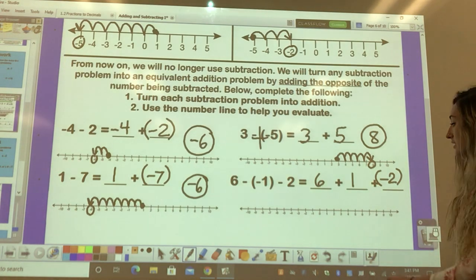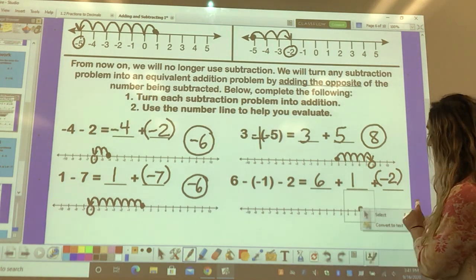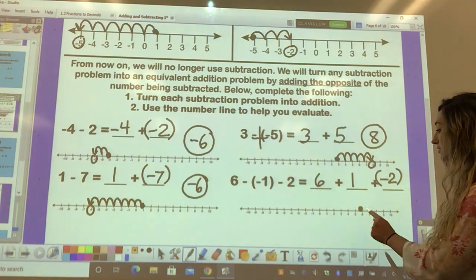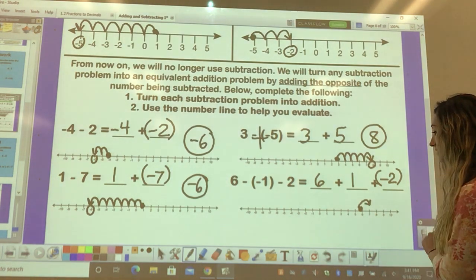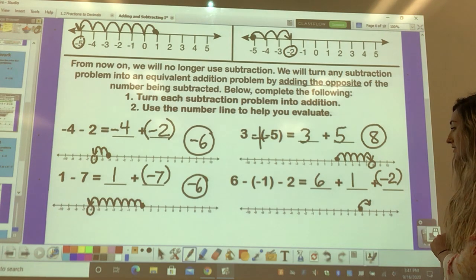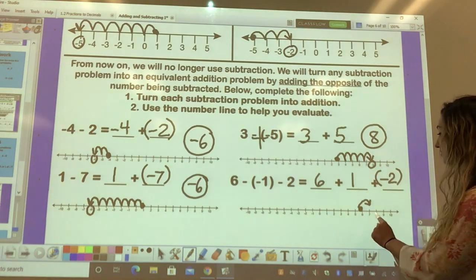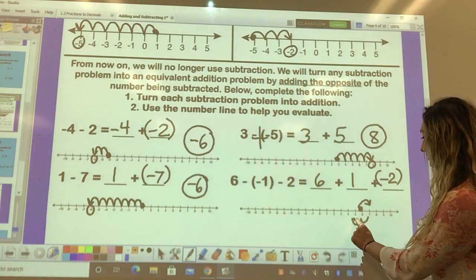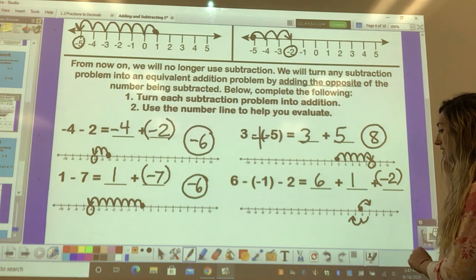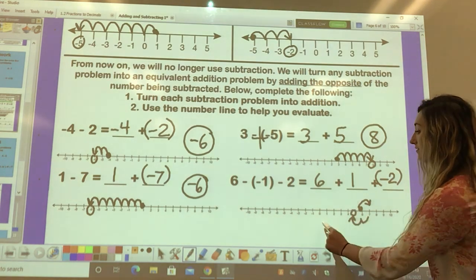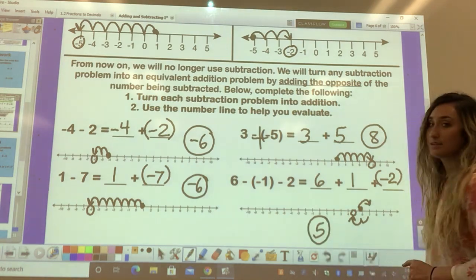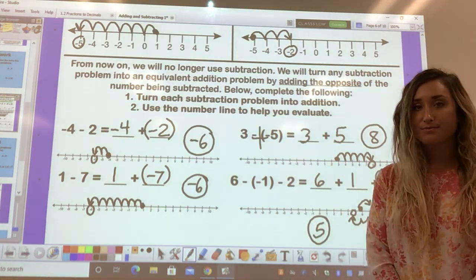So, starting at 6, we'll start by doing plus 1. That takes us to 7. And then plus negative 2, which is going to take us back 2, leaving us at 5. So 5 is our answer there.